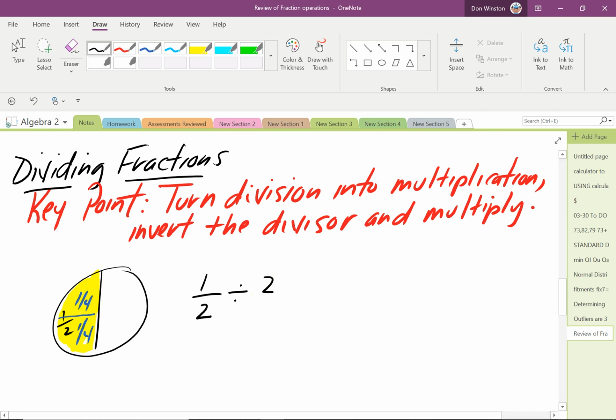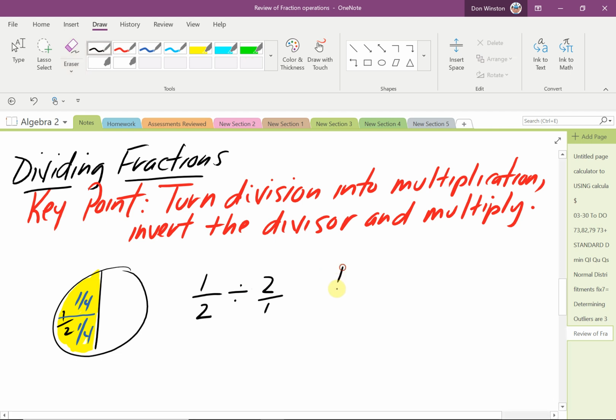Okay, so what we want to do when we're dividing one fraction by another fraction, well, first let me write 2 as a fraction. That's 2 over 1. Okay, so when we divide one fraction by another fraction, we invert the divisor. The divisor in my case is 2 over 1, so that's my divisor. And then we want to invert the divisor and multiply.